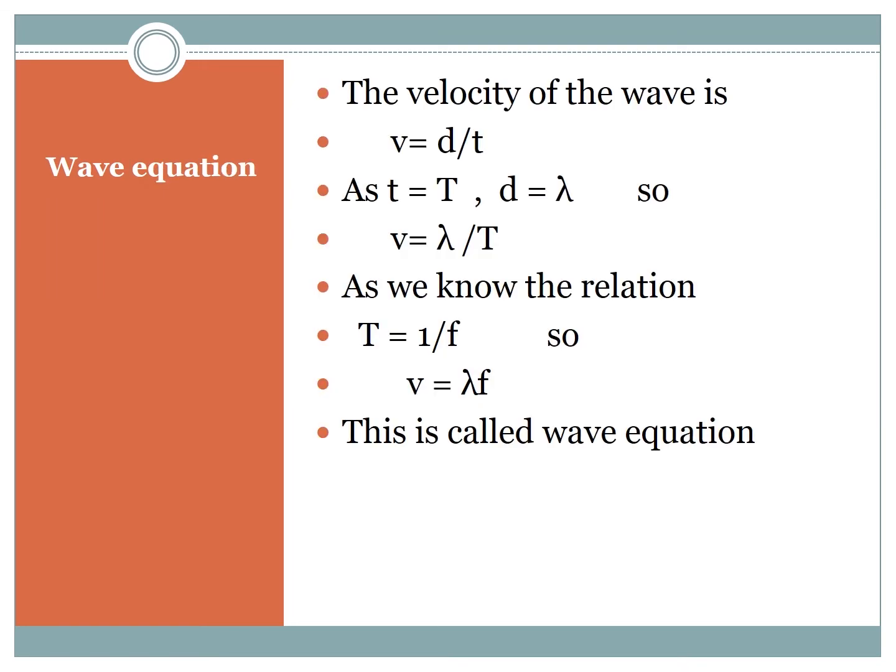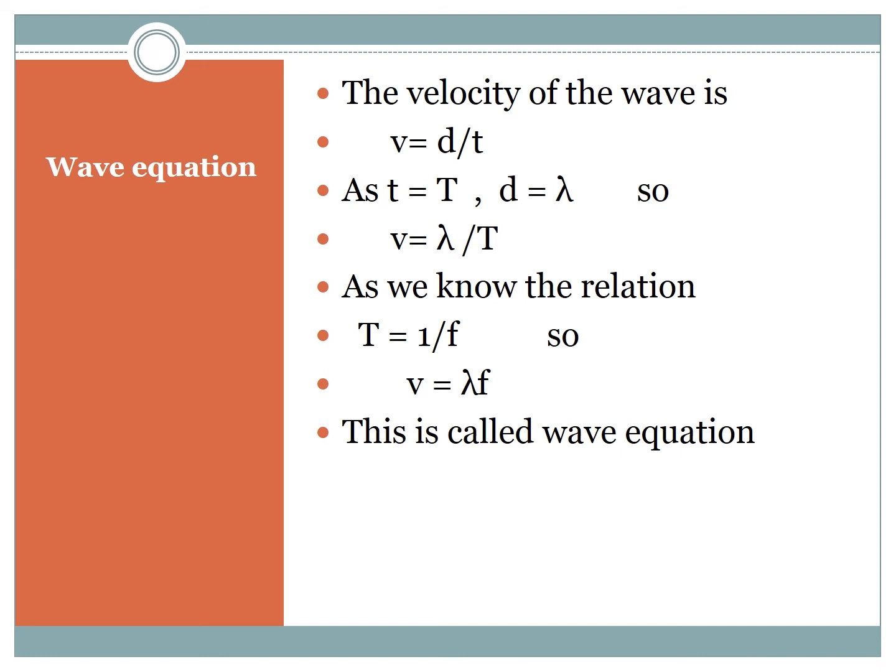Next is your wave equation, which is a very important equation of this chapter. As we know, a wave is produced by the disturbance in the medium, and it travels from one end to another, and it carries a specific velocity. So by using the definition of velocity, we have v equals d by t.